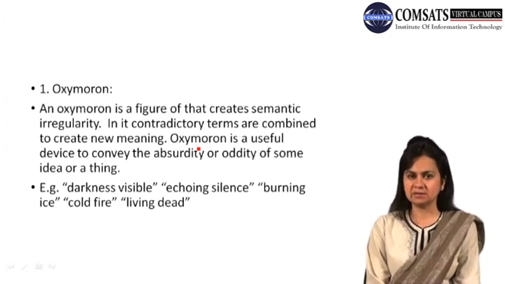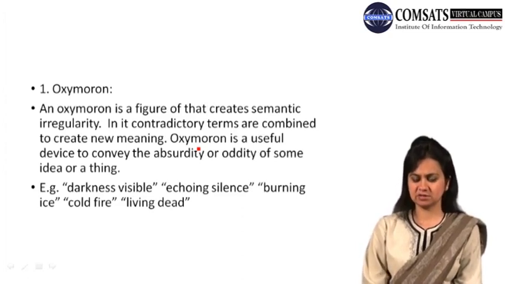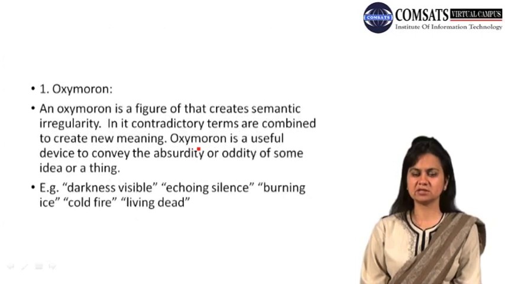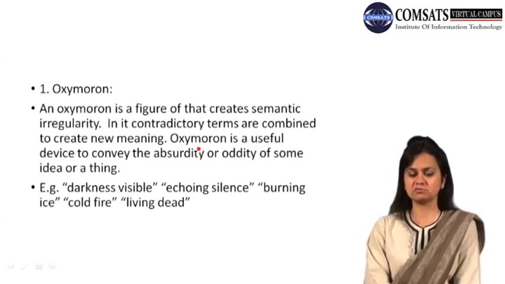There can be many types of tropes which involve semantic irregularity, that is, irregularities in terms of meaning. The first one is referred to as oxymoron.